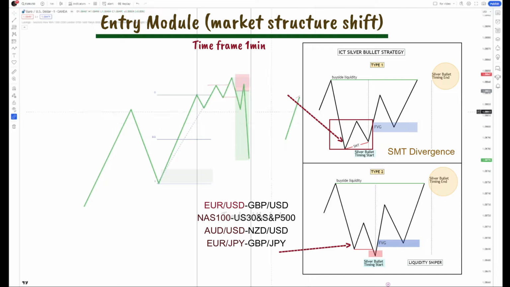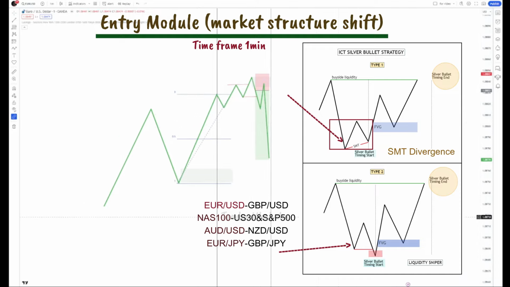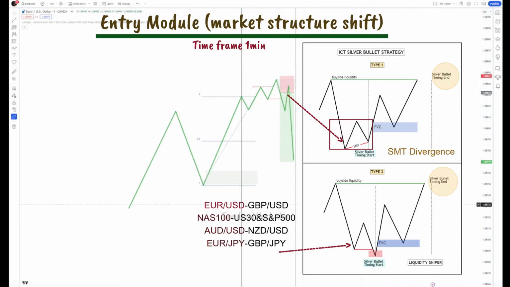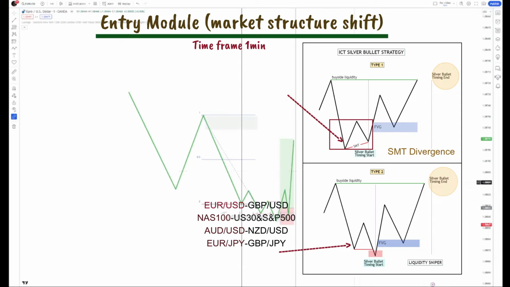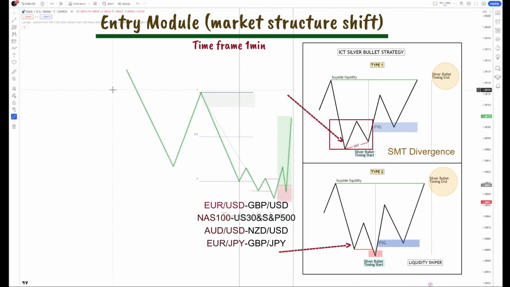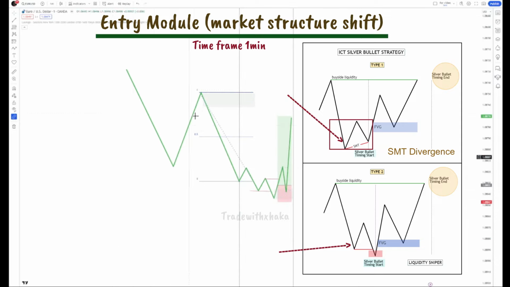The same thing happens in New York Silver Bullet. The only difference is time. You look for this very setup from 10 o'clock a.m. to 11 o'clock a.m. Then the reverse will be the case. So let's say for instance we determine our intraday bias, and the market buys out this external range liquidity, maybe in a downtrend.